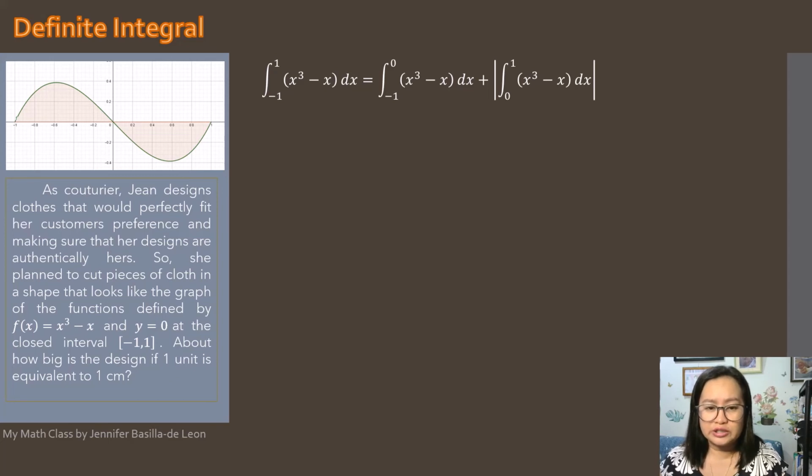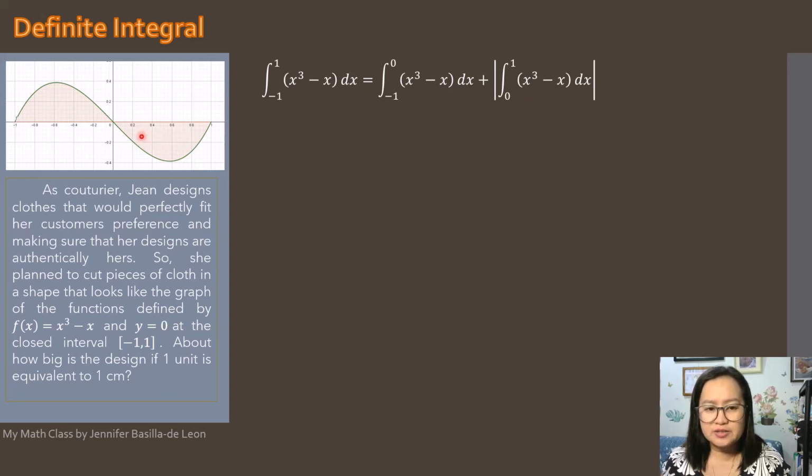So the interval from -1 to 1 can be from -1 to 0, and then from 0 to 1. So these will be our lower and upper limits on the first addend, and that corresponds to this region, while the second addend corresponds to this.